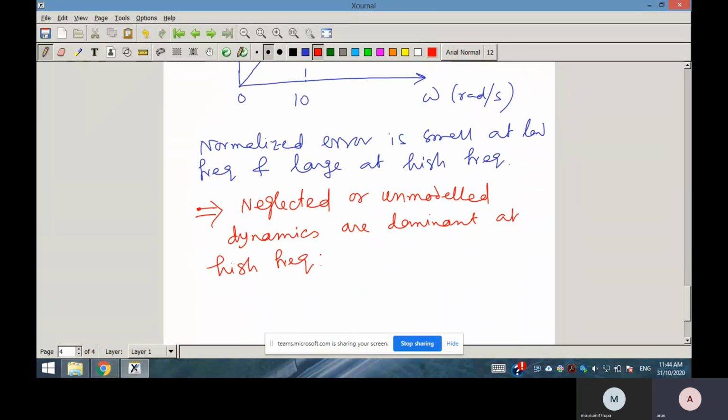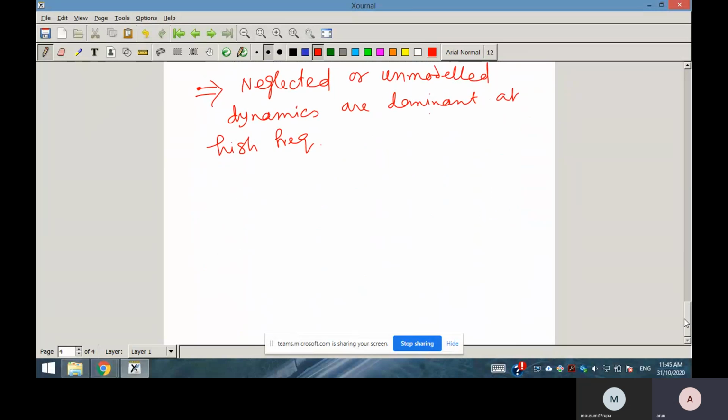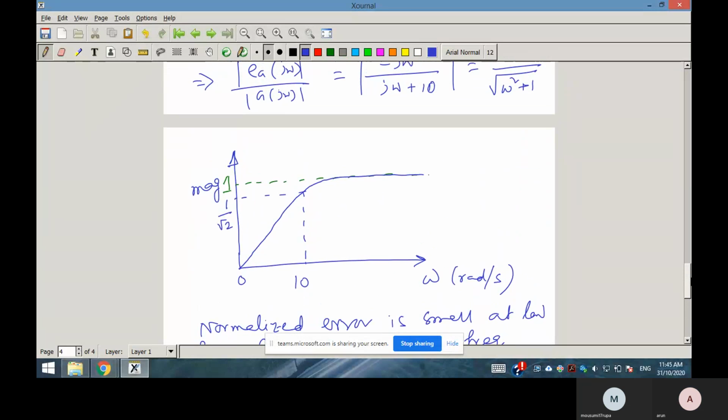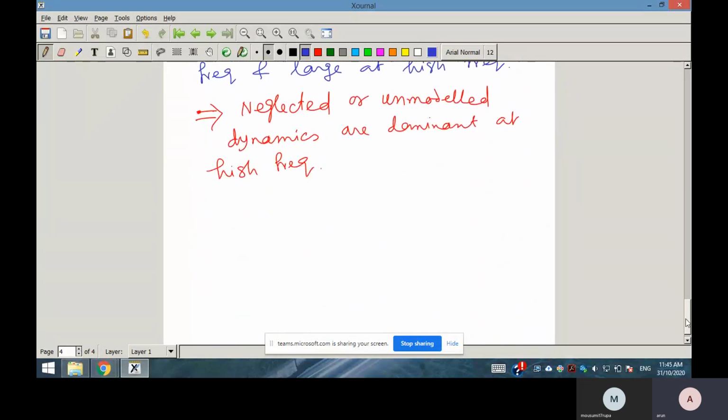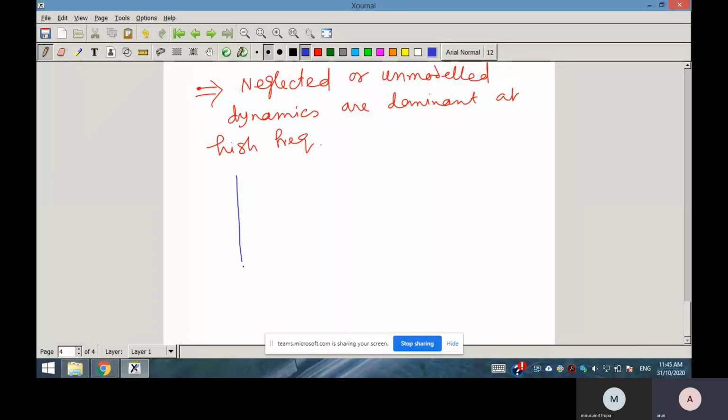Before that, a general normalized error frequency response I will draw. Suppose the above frequency response I have shown is for a particular example, but in general it will look like this. This is your omega, this is your magnitude. Magnitude means here the magnitude of the normalized error.